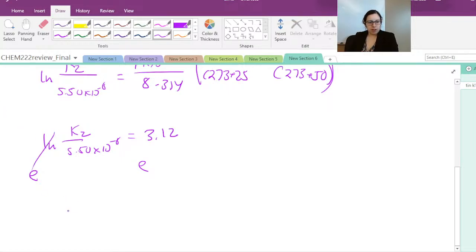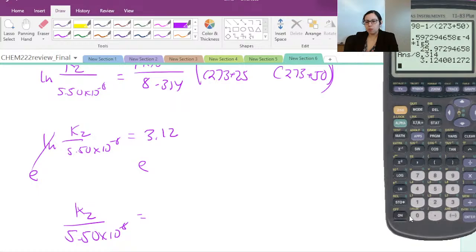So this goes away, leaving us with K2. And then I just need to ask the calculator what this is, and of course, using this E button. And your calculator should be in natural log. Just again, double check that as you work this example problem.